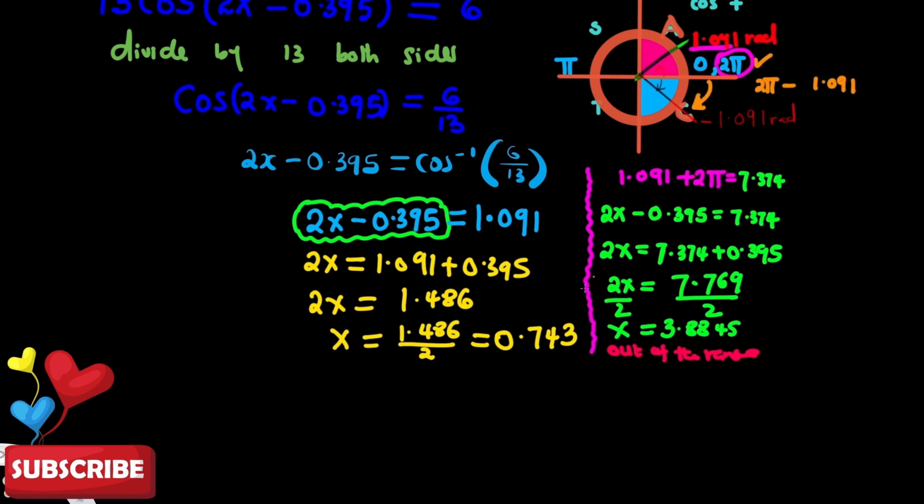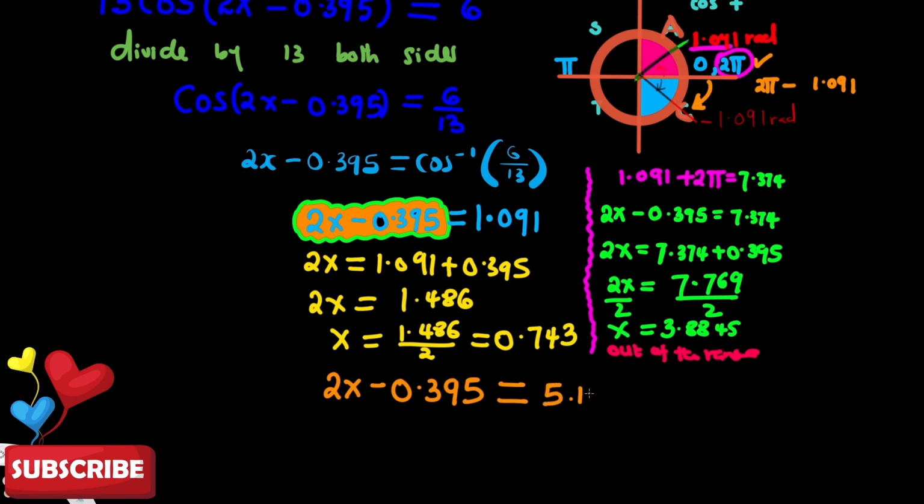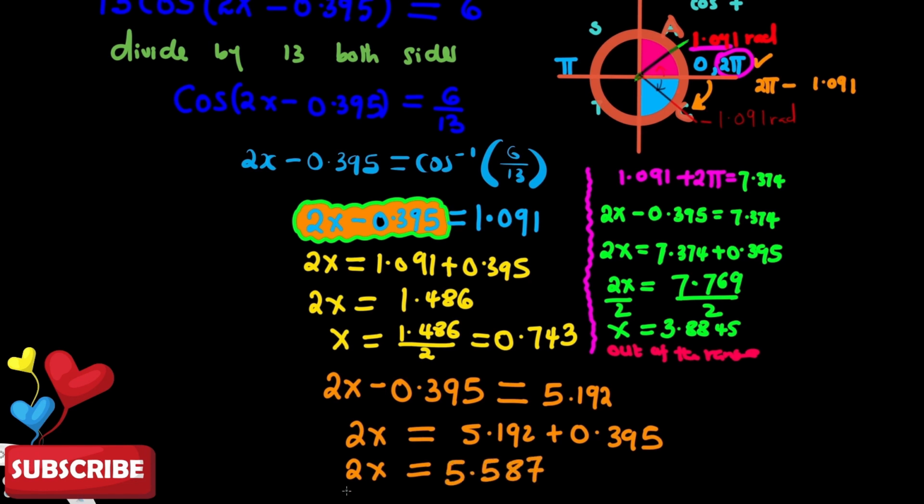An angle measured in the clockwise direction is negative, so if you subtract, you're going to have 5.192, which means that we can add 0.395 both sides and then divide by 2 both sides, which enables us to work out the value of x, and the second value of x is going to be 2.794 radians.